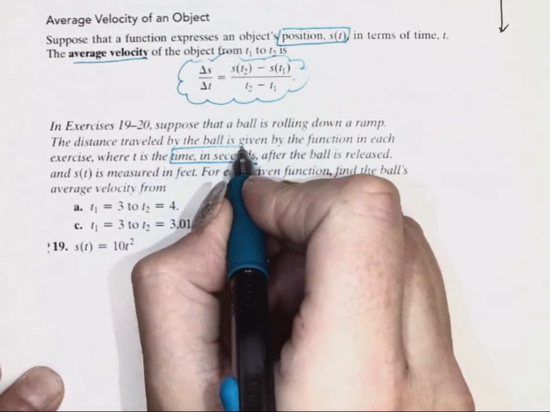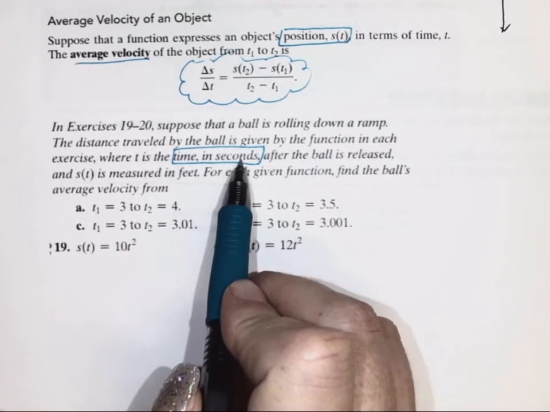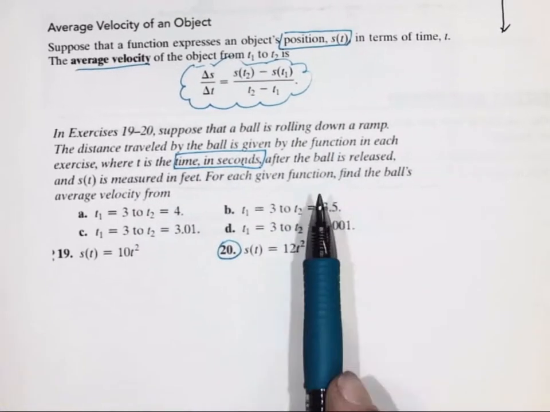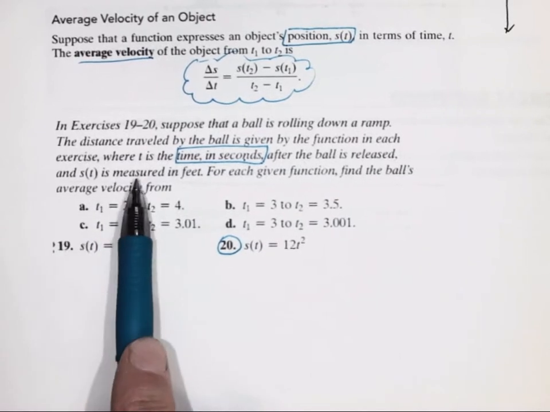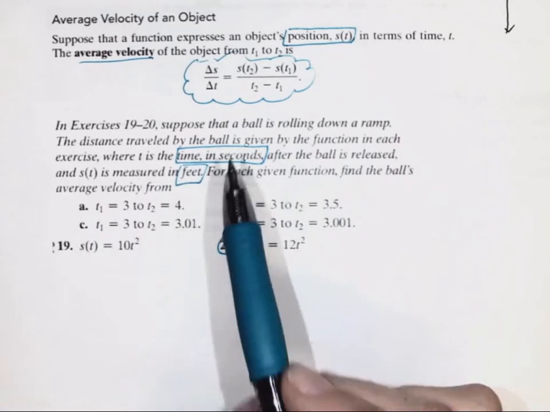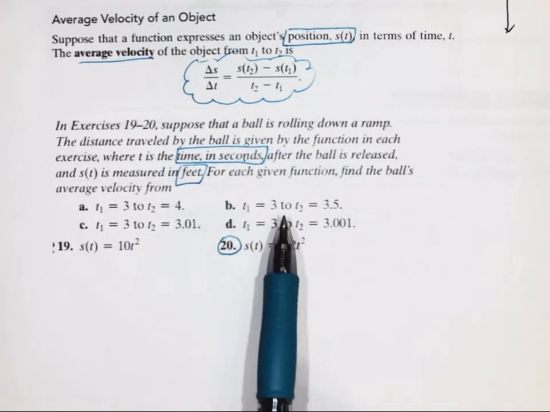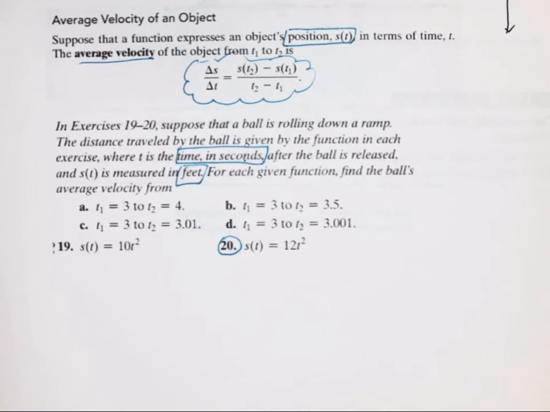Going back to when we talked about how to describe it, I told you to pay attention to what your 2 units are. So you're dealing with feet per second. For each given function, find the ball's average velocity, which will definitely be so many feet per however many seconds.